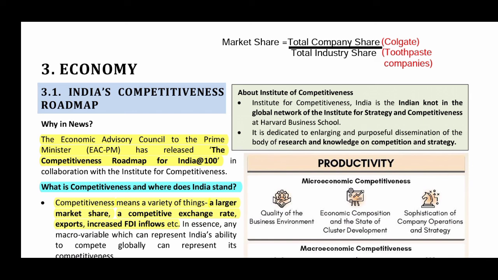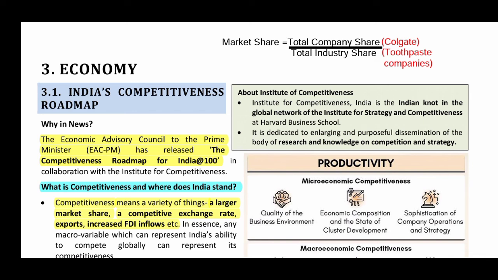If a company has a large market share, then definitely its sales will increase, its products will be sold in bulk, and it will also make huge profit, and the company will dominate that particular industry. Like if Colgate toothpastes are used in every home, then it will dominate the toothpaste industry.